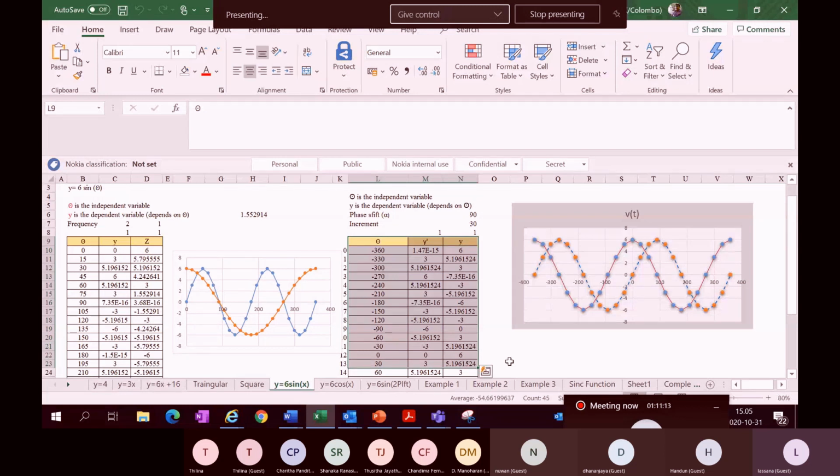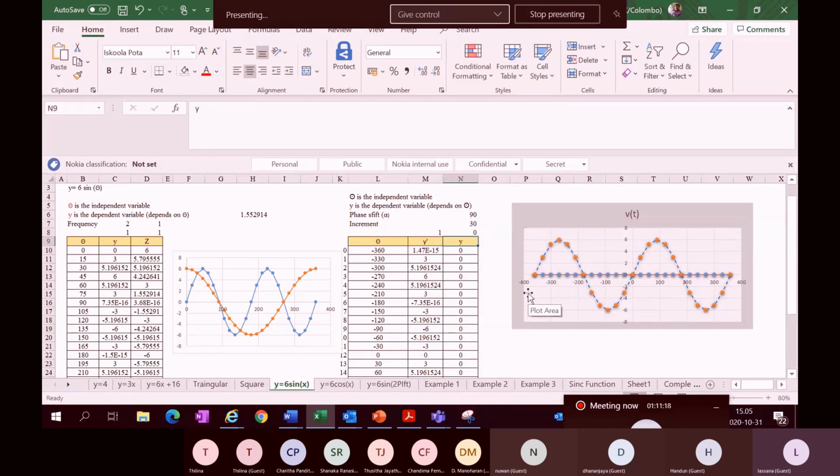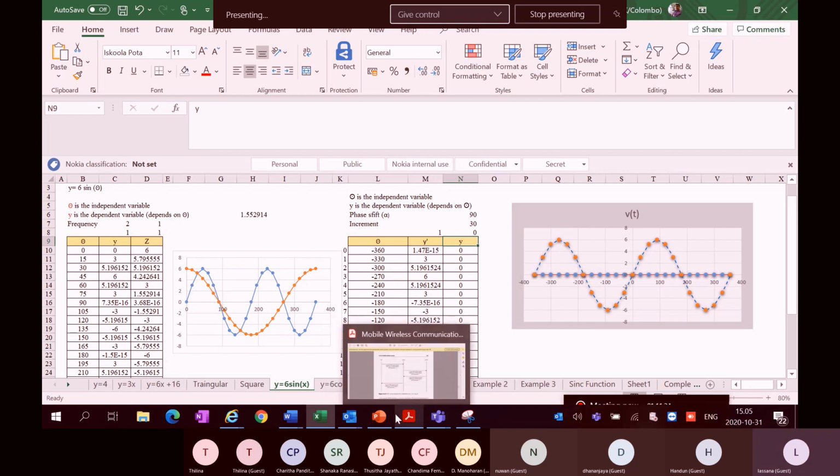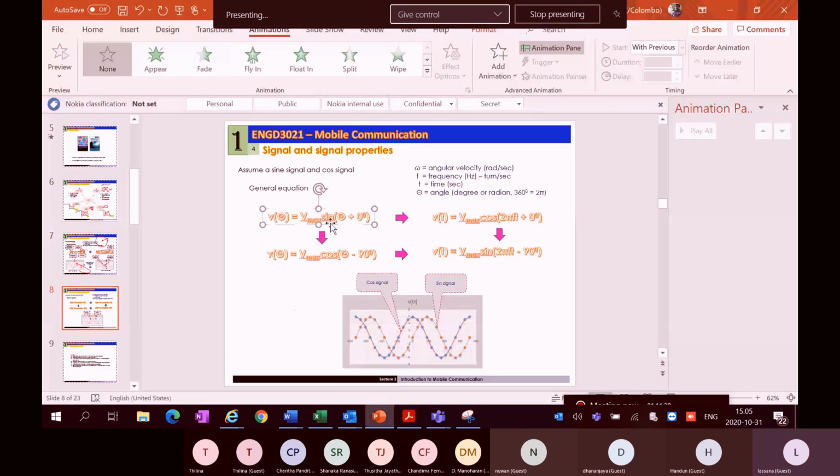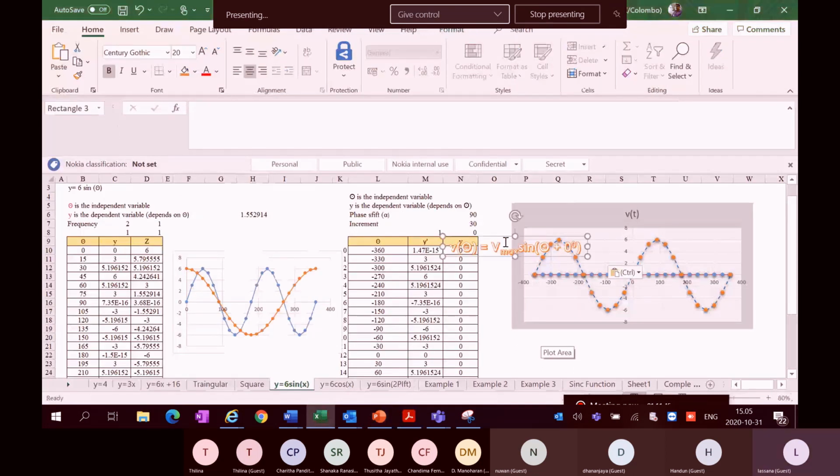The equation of this sine wave will be v theta equals v max sine of theta plus phase angle.